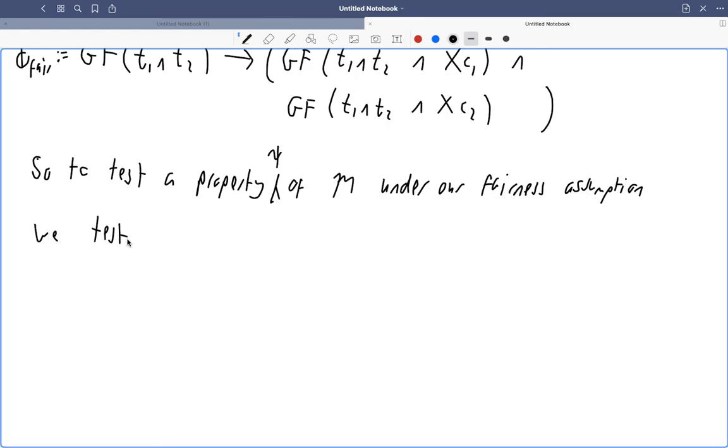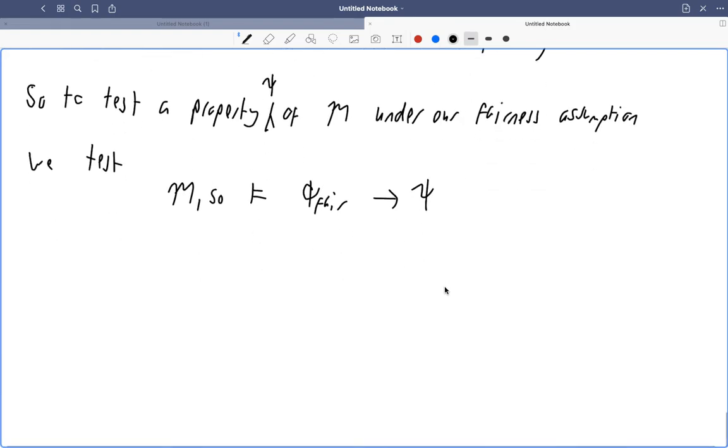What we do is we test the complicated formula. We test that M from state S0 satisfies phi fair implies psi. So we want to assume the fairness assumption. We only want runs that satisfy the fairness assumption, and it's enough to establish that our property psi holds for fair runs.